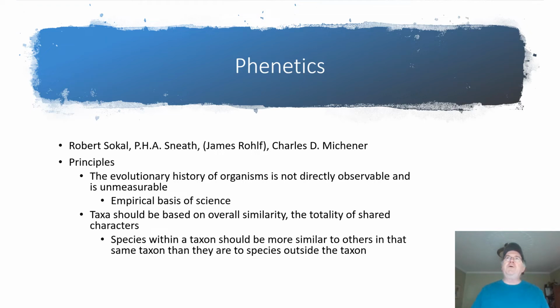So, underlying principles of phenetics. Ultimately, we want to get to the same point. We want to have a classification that is an efficient storage mechanism for information, and by which we can get information out. And it's predictable. We can predict things with some accuracy about organisms if we know their place in a classification. However, in contrast to the evolutionary taxonomists, the pheneticists believed that the evolutionary history of organisms themselves is not directly observable.